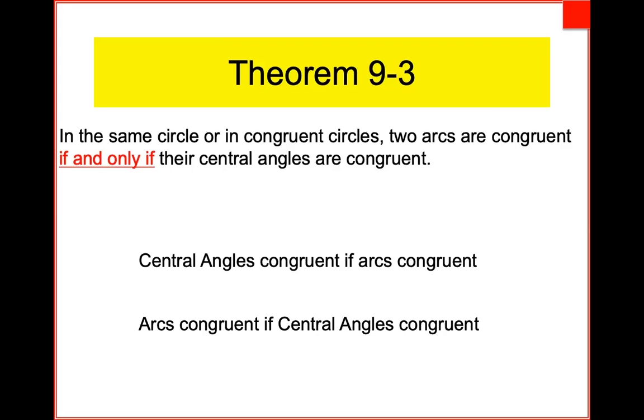That means central angles are congruent if the arcs are congruent, and the opposite: arcs are congruent if central angles are congruent. That's what the if and only if means. It goes both ways. Hypothesis, conclusion, conclusion, hypothesis. You can say it both ways.